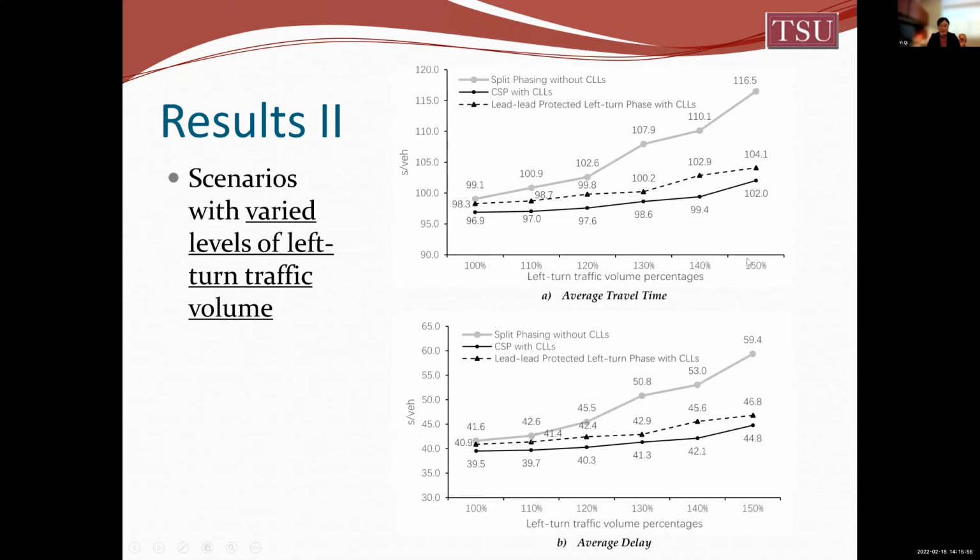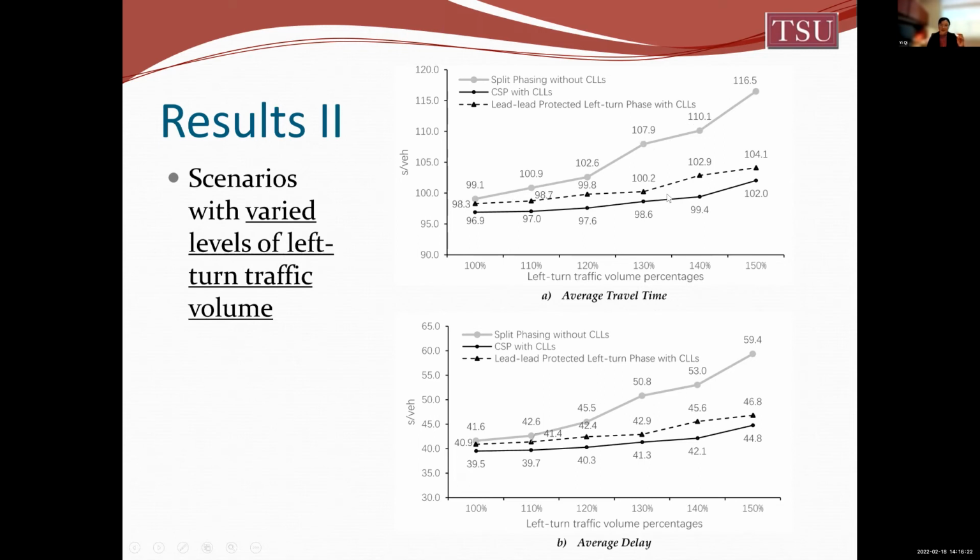Then we also tried the left-hand volume condition. We increased only the left-hand volume from 100% to 150% at this location, and you can see the result shows that with the left-hand volume increased, these 2 lines, the dashed line and the dark line, have more difference from this light line, the base condition.